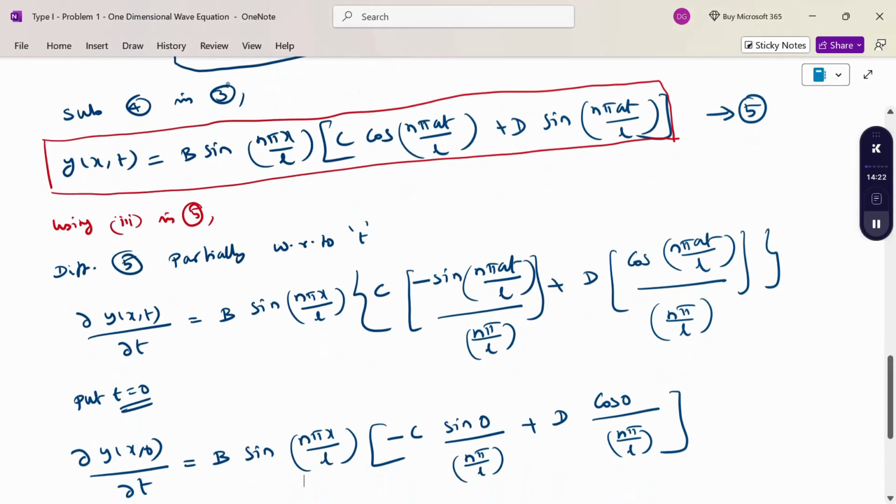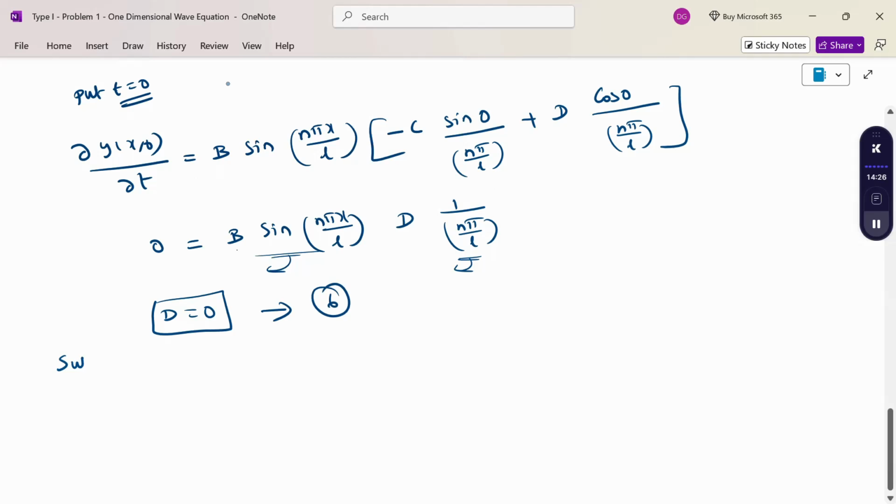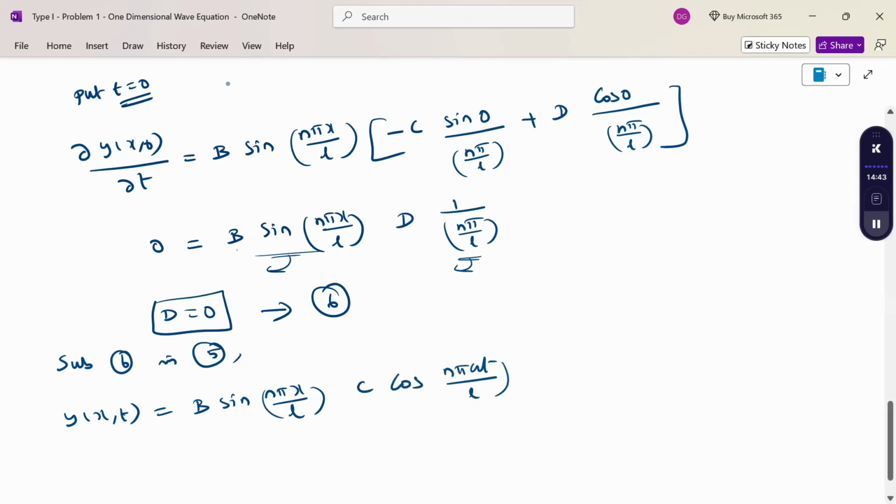Therefore, y of x comma t equal to, substituting the sixth equation in the previous 5: y of x comma t equal to b sin(n pi x by L), then c cos(n pi at by L), then plus d times 0.